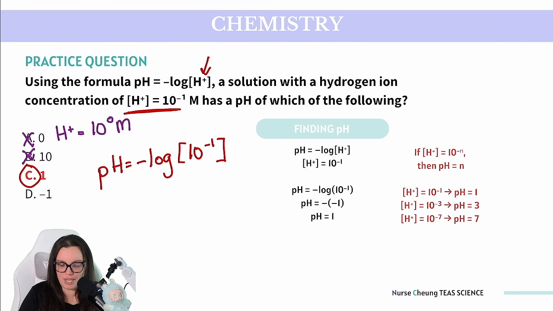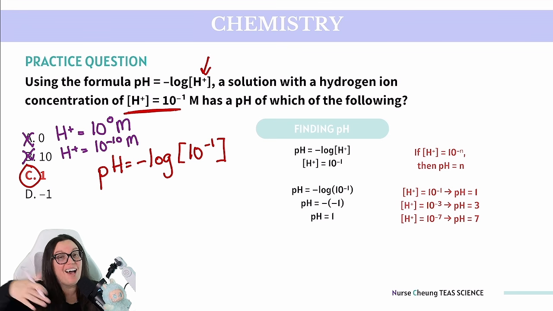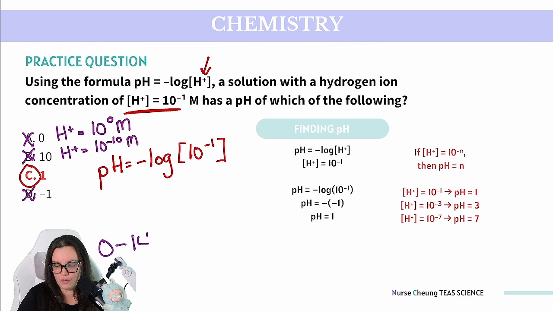Same thing goes for B. That would be H plus raised to the power of negative 10 M. In this case, that would be more basic, on the opposite end of the pH scale, making this one also incorrect. And then we have D. pH values are typically on a scale of 0 to 14.